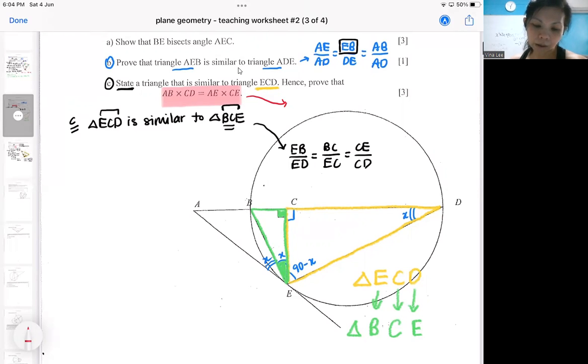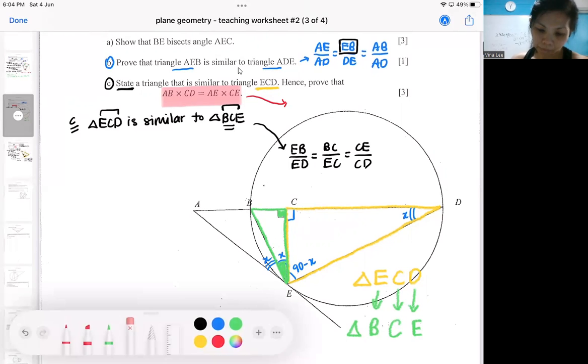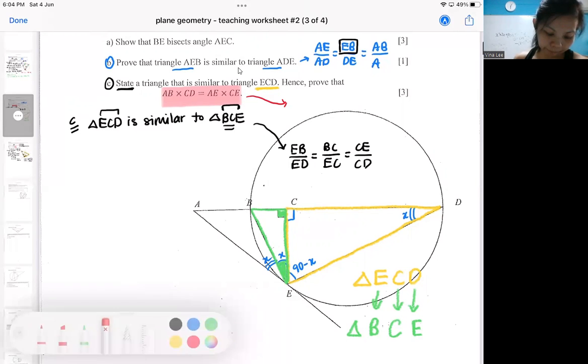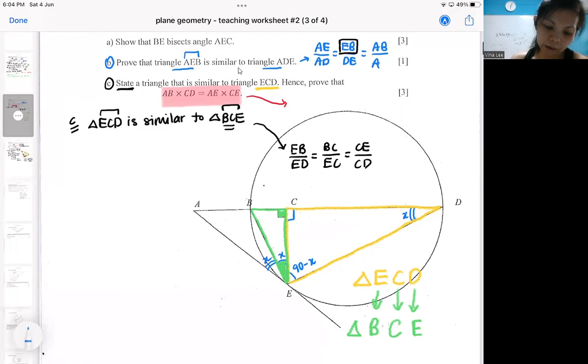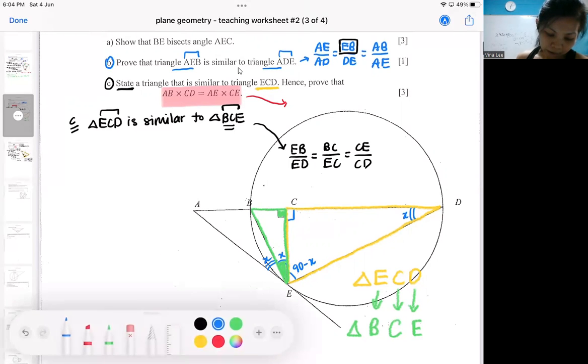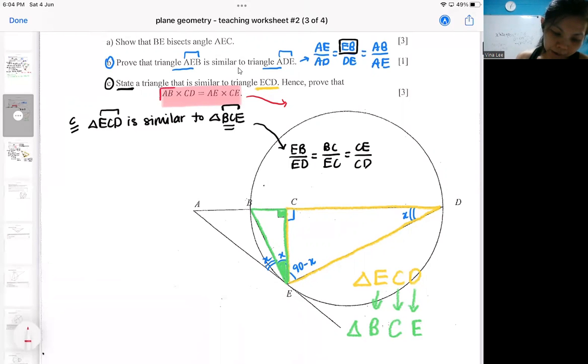AB, I think I wrote something wrongly. This one I wrote wrongly. So AB should correspond to AE. I detected a AB, I detected a AE, which is the same as this part.